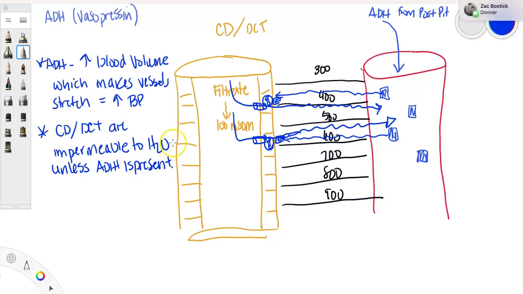All right? So as the filtrate goes down, the osmolarity of that filtrate is now increasing.